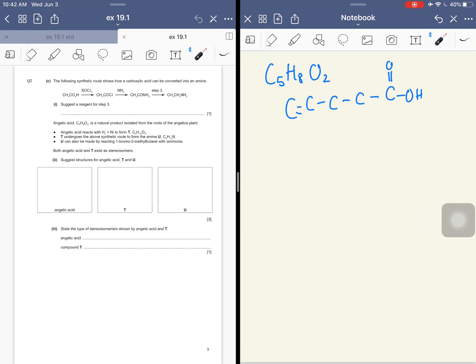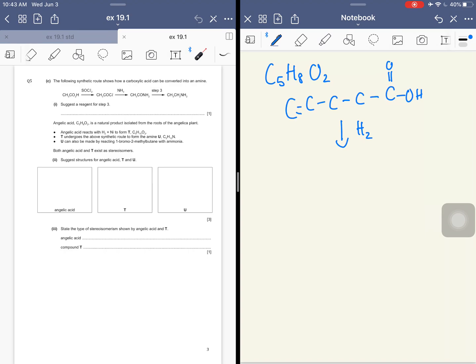Angelic acid reacts with H2 plus nickel to form T. Hydrogenation, obviously you know, means you are adding hydrogen onto the double bond. So it is correct that angelic acid contains a double bond because it can be hydrogenated, right?